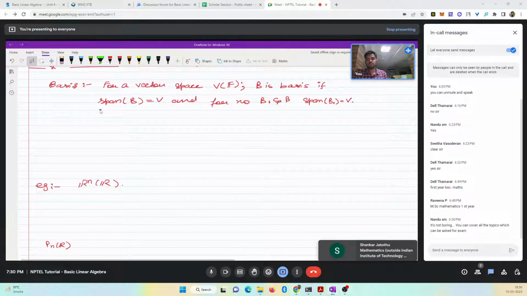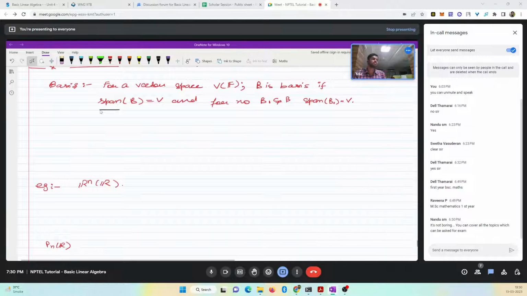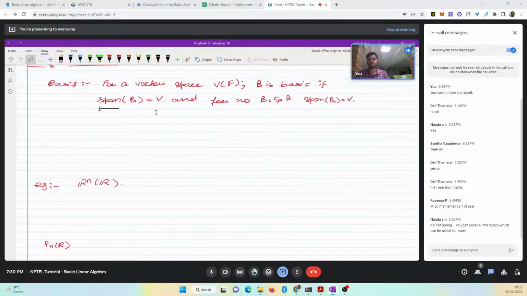So what do we mean by basis? Right now, sir has not talked about linear dependence and independence, so I won't be able to give you the precise definition, but I'll give you an idea of what a basis is.